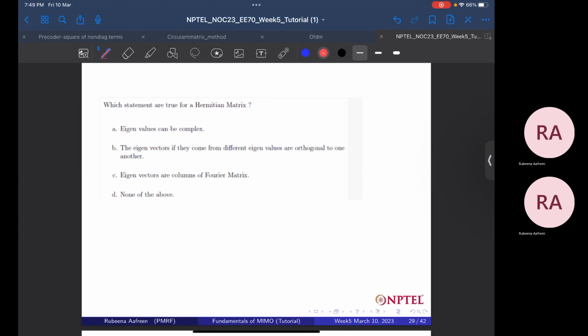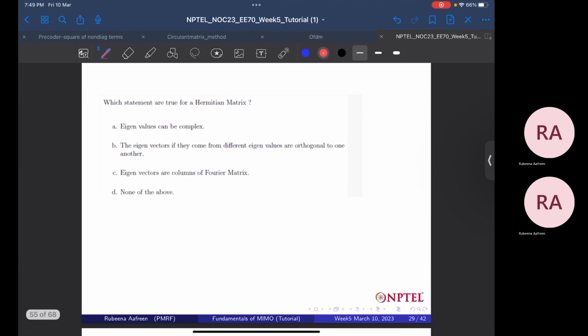So this is a linear algebra question. Which statements are true for a Hermitian matrix? What is a Hermitian matrix first of all? For a Hermitian matrix, A Hermitian is equal to A. Some properties are that all the eigenvalues are real.